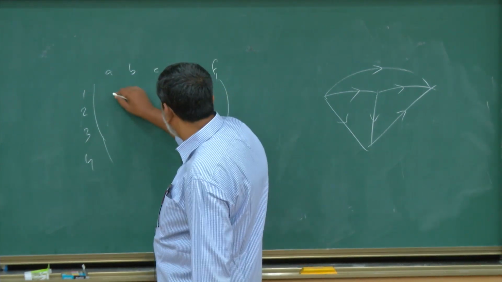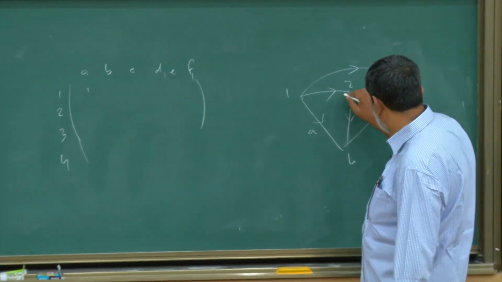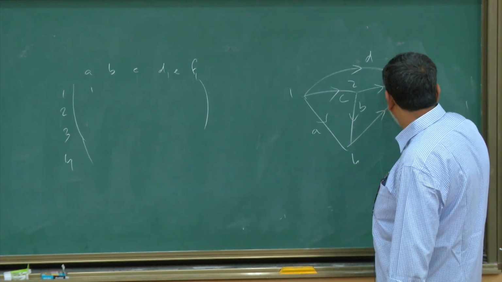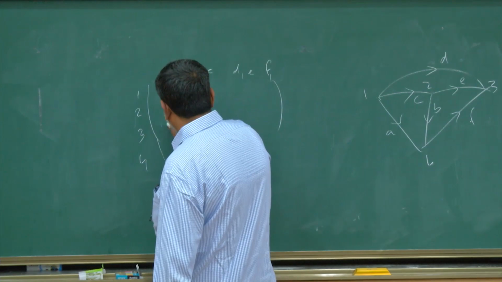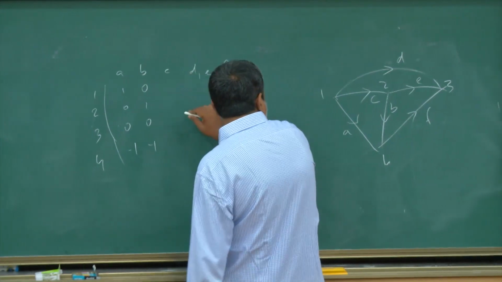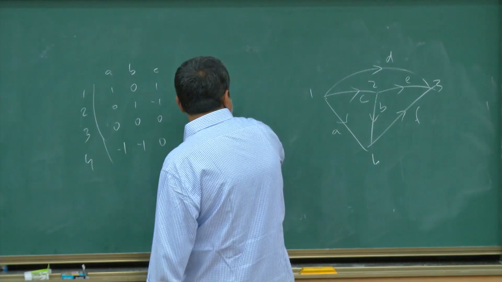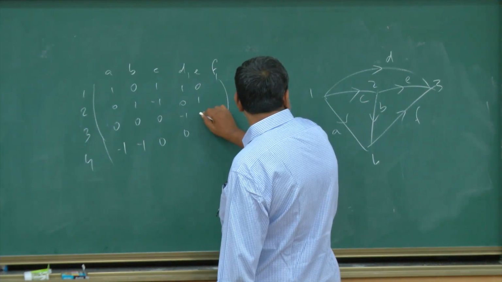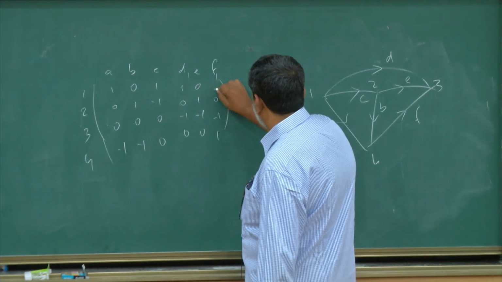So A was 1, B was, C was 1 minus 1, E was 2, and F was 1 minus 1, 0, 0.